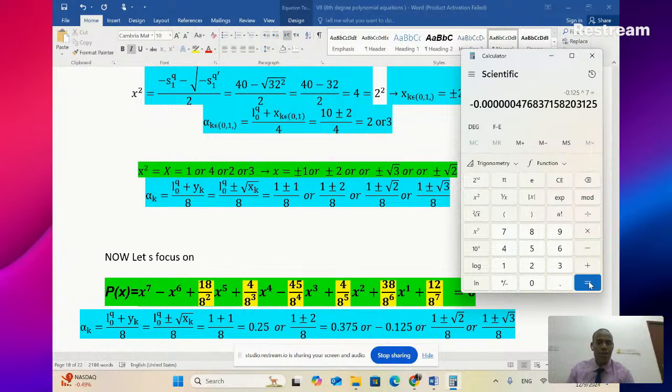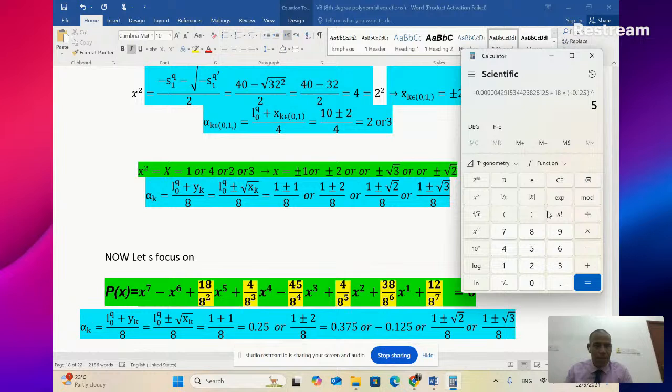Then minus, between parentheses, I will raise it to the power 6, equal. Then plus 18, multiplied by, between parentheses, the root, then I should raise to the power 5.